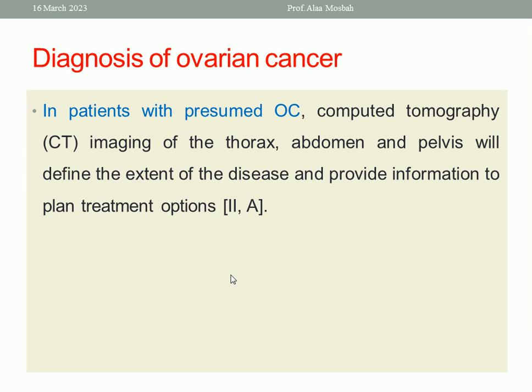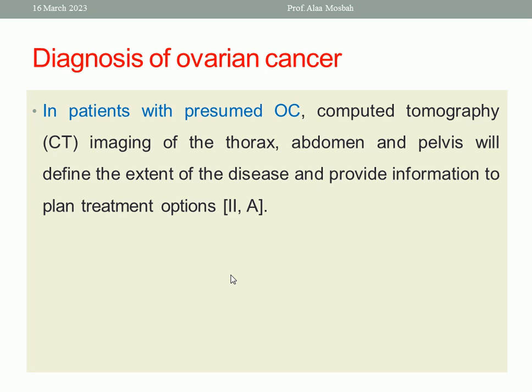So, for all gynecologists, you should start your diagnosis with taking history, knowing the symptoms, the patient complains of persistent abdominal bloating, abdominal distension, abdominal pain. Also, there may be ascites, there may be pleural effusion in advanced cases. So this is as regard the symptoms.